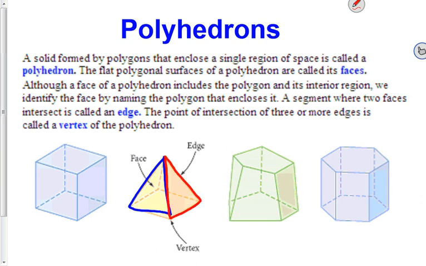And then obviously we have one in the back right and one in the back left. The edges are where those triangular faces meet, and you can see it designated there. And the vertex is where three segments meet. So each one of these polyhedrons would have faces, edges, and vertices.